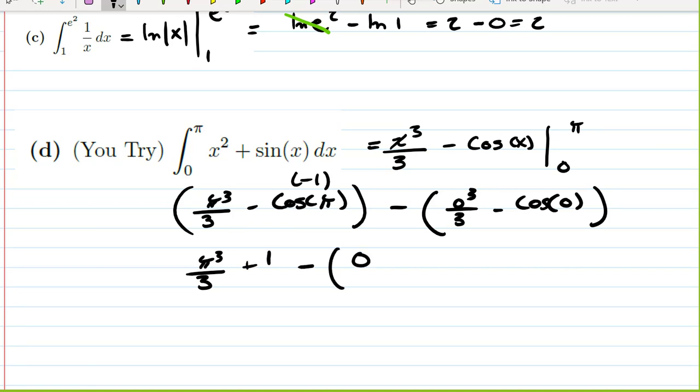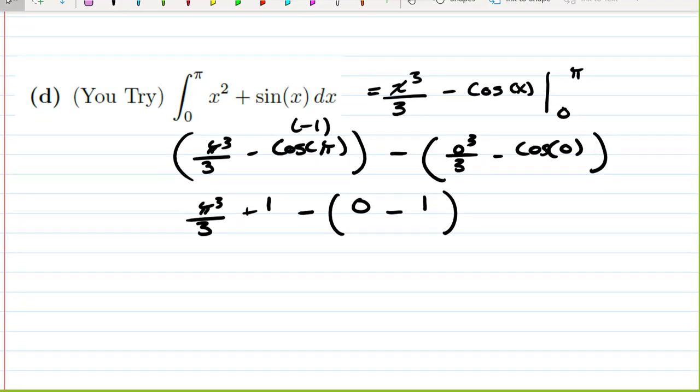Minus, well, 0 minus, and the cosine of 0 is a positive 1. So now distributing our minus in, minus minus makes that plus. So finally, at the end, we get pi cubed over 3 plus 2. So the area underneath the curve between 0 and pi of x squared plus sine x is pi cubed over 3 plus 2.